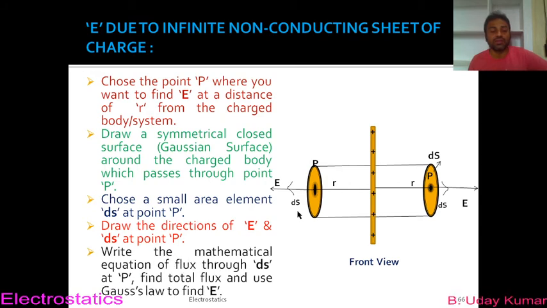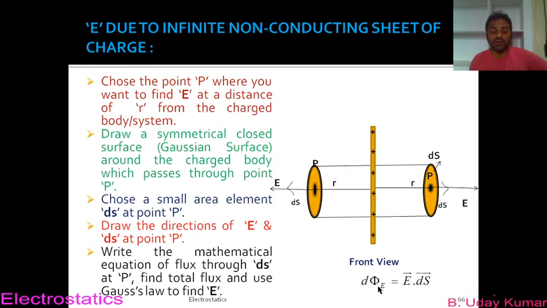And the next one: now you have to write the mathematical equation of the electric flux passing through ds and integrate it. You automatically get the total electric flux. Once you get the total electric flux, apply the formula of Gauss theorem, and we were doing almost the same from the last six topics.